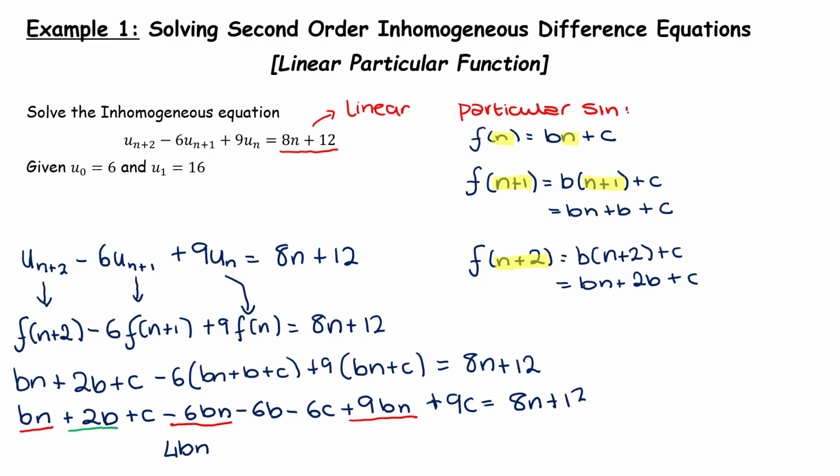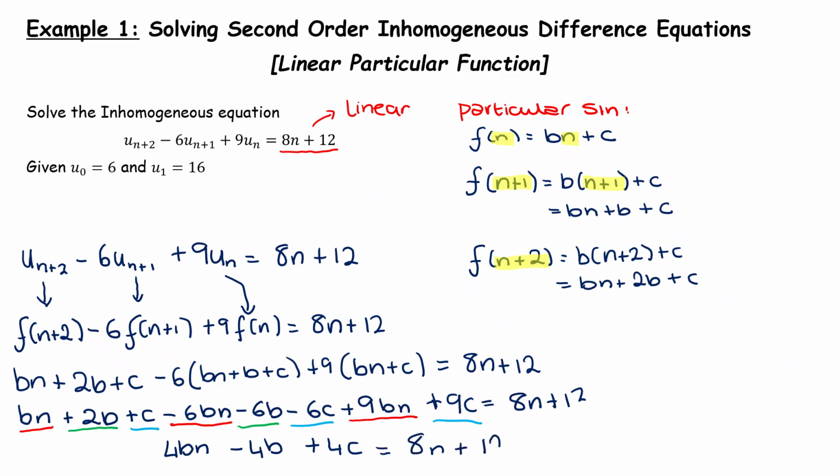I also have a 2b, a minus 6b, and I think that's it for my b's. So that's going to give me minus 4b. And we also have a c, a minus 6c, plus 9c, and that gives us plus 4c, and that equals 8n + 12.